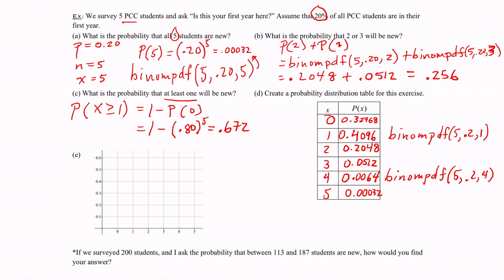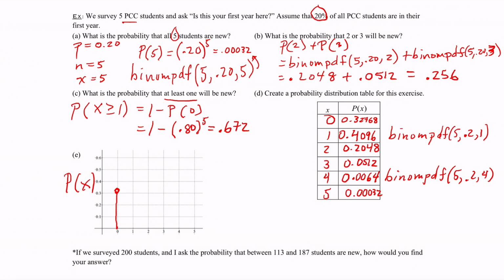Now that I have my whole distribution, we can look at a graph of those probabilities. We'll graph each of the P of x values. For instance, we have a probability of 0.32768 when x is 0, so maybe just a little bit more than 0.3.